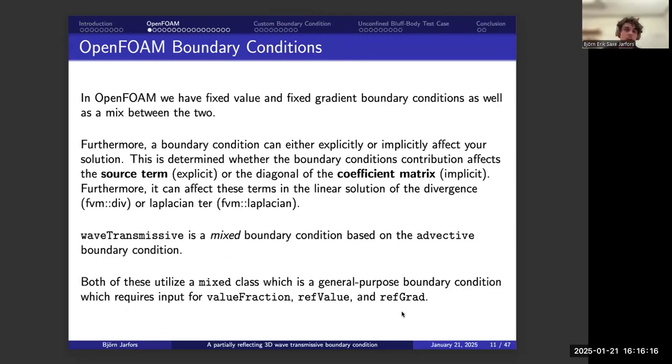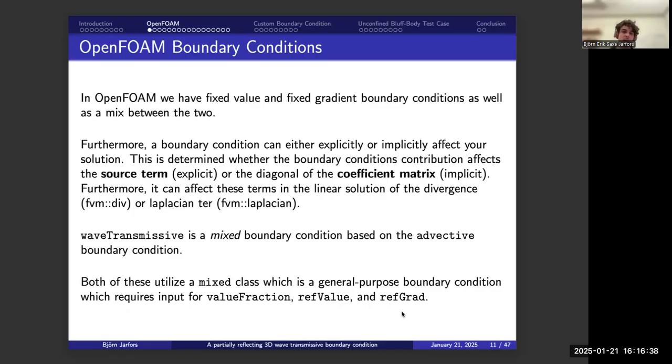So now I'm going to go over to the OpenFOAM boundary conditions and explain a bit how they are built. So in general, we have fixed value or fixed gradient boundary conditions, or we can also have a mix between the two. Furthermore, a boundary condition can either explicitly or implicitly affect the solution.